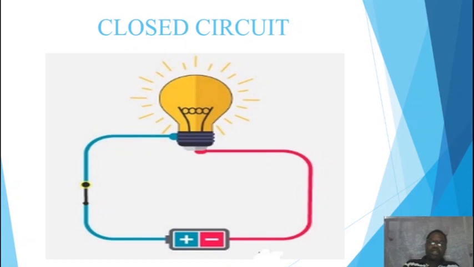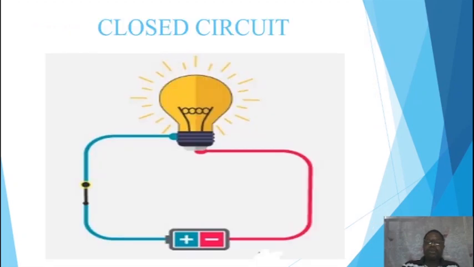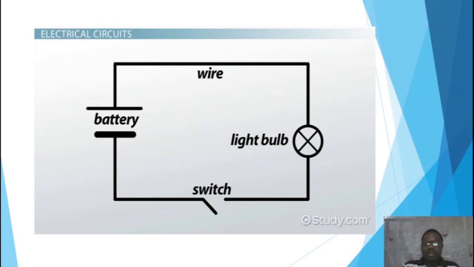The key or the switch being open. While the closed circuit is complete because the switch is closed. Okay, now look at the electric circuit showing those circuit components. You see the wire connected to the battery, then another wire connected from the battery to the switch, then from the switch to the bulb. So this represents the diagram we have shown before. So this is how it is represented.